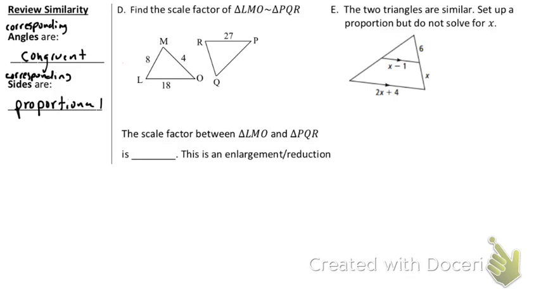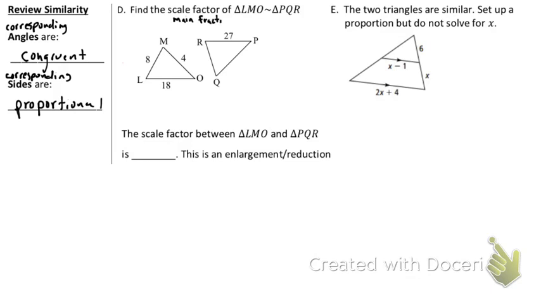Alright, so let's use this information for example D. And in example D, we want to find the scale factor. Again, scale factor deals with the sides. And we have a scale factor because we know these 2 triangles are similar. So to find the scale factor, we in essence just want to find what I like to call the main ratio or fraction.